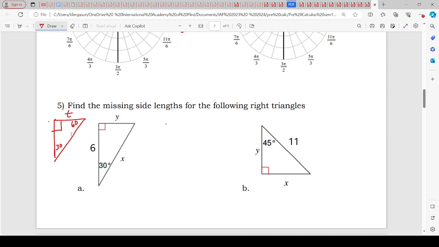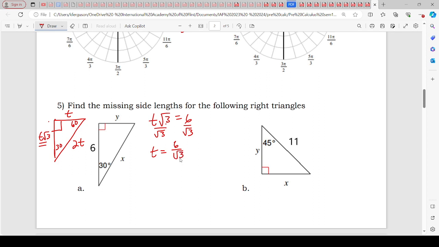Okay, so this is T, this is T times the square root of 3, and this is 2T. In this case, I know that T times the square root of 3 gives me 6. So I can figure out T by dividing both sides by the square root of 3, and I get T equals 6 over the square root of 3.